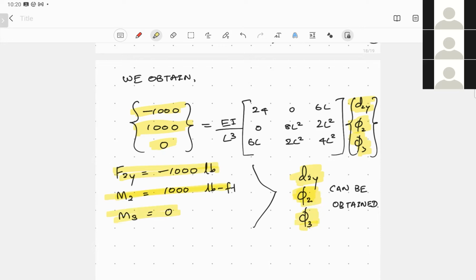So now, since we have already laid the foundation, let's use this concept and try to analyze certain problems. Let's try to use this method and apply this direct stiffness method to analyze certain problems considering beams, so that you get familiarized with different aspects.